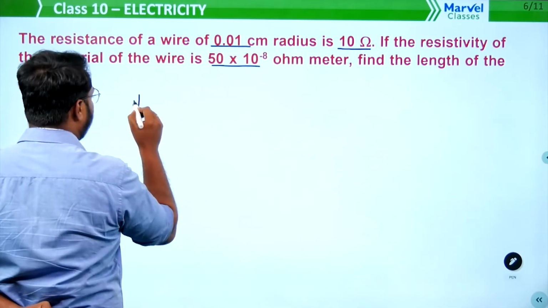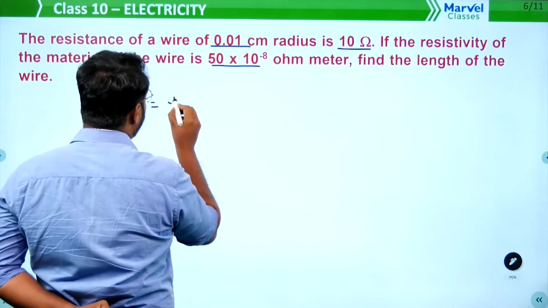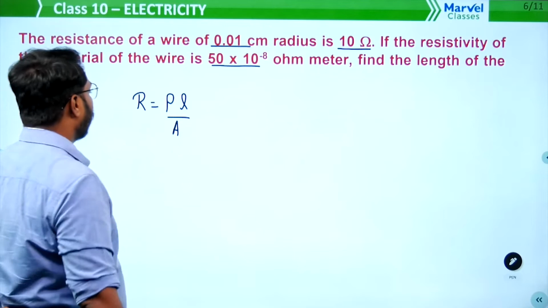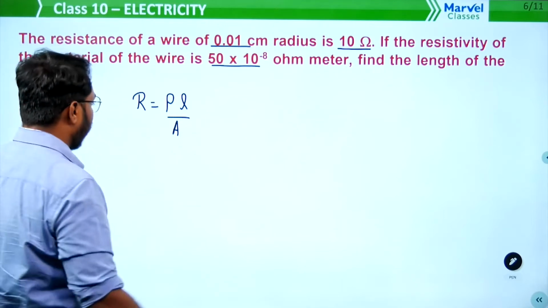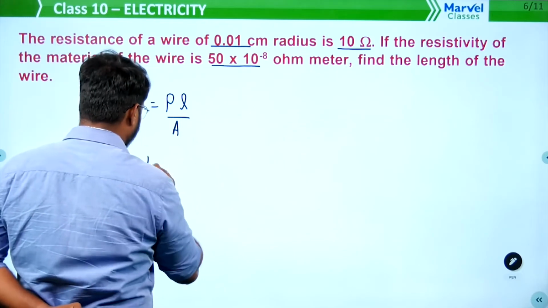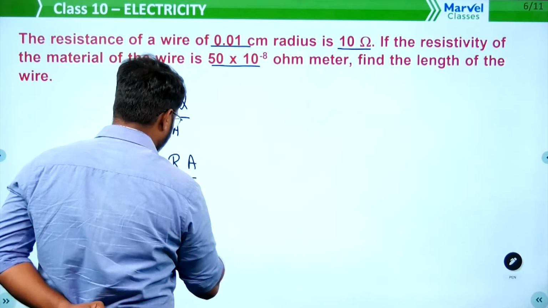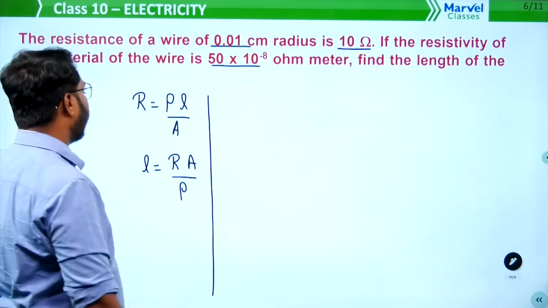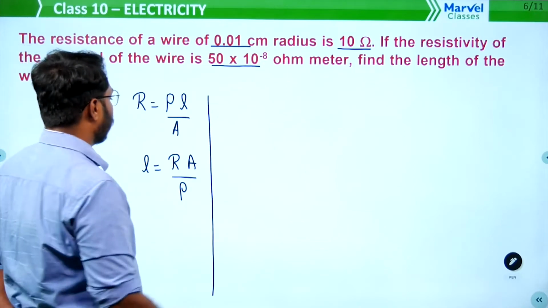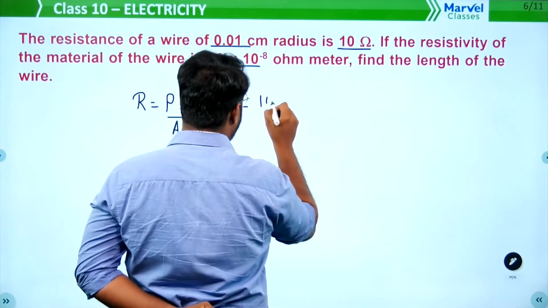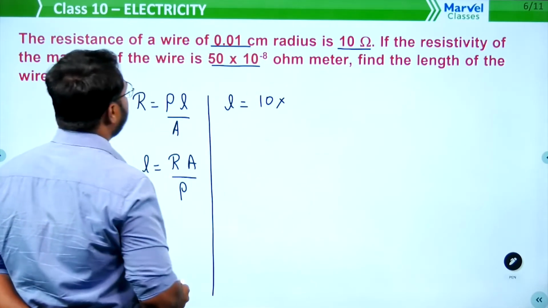So, capital R is equal to rho into L by A. So, L is equal to R into A by rho. So, L is equal to the resistance of the wire, 10 ohms, into the area.